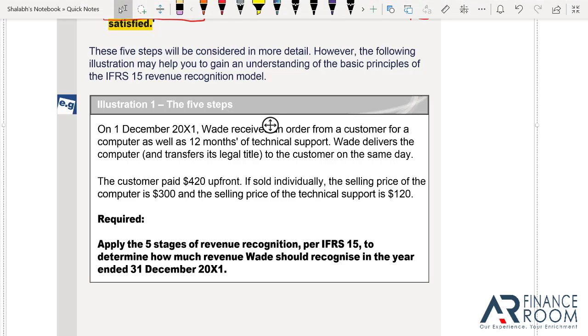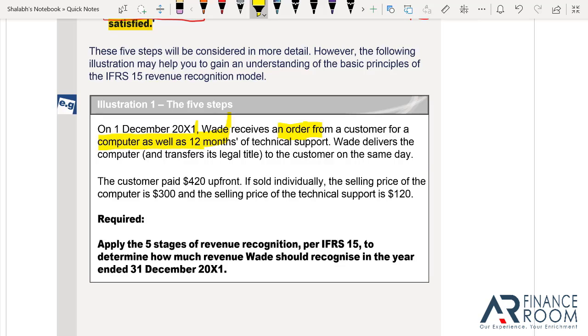Read along. On 1st December 2011, Wade receives an order from a customer. Wade is the one who has to perform an obligation. The performance obligation has to be done by Wade because he has received an order from a customer for a computer as well as 12 months of technical support.